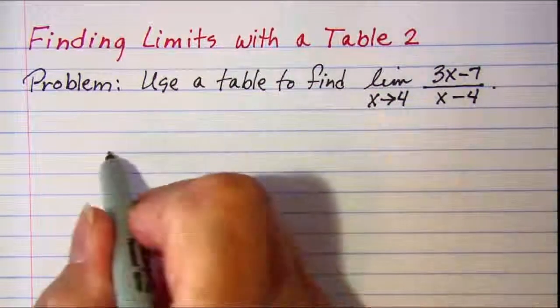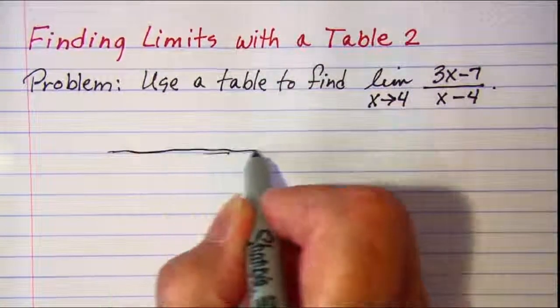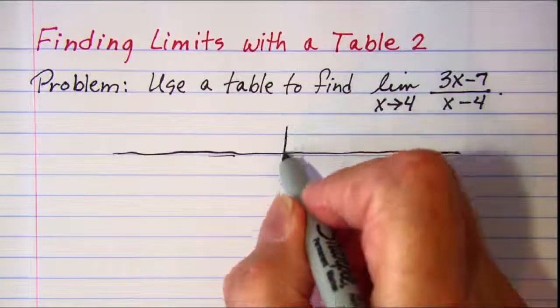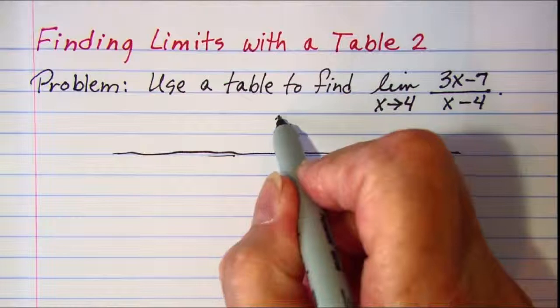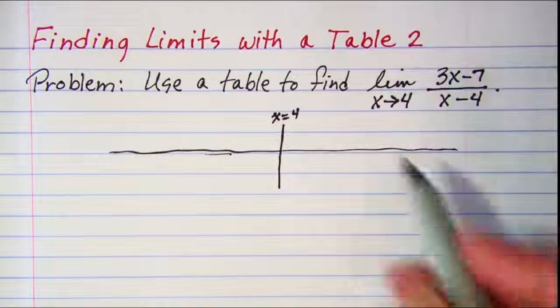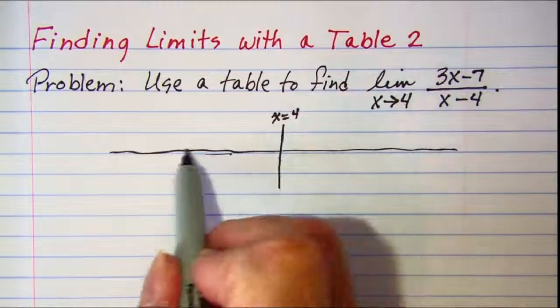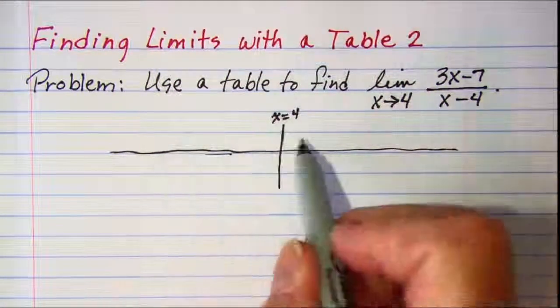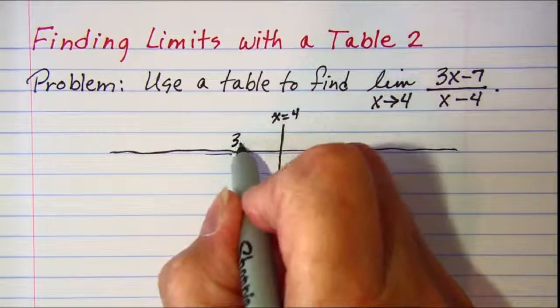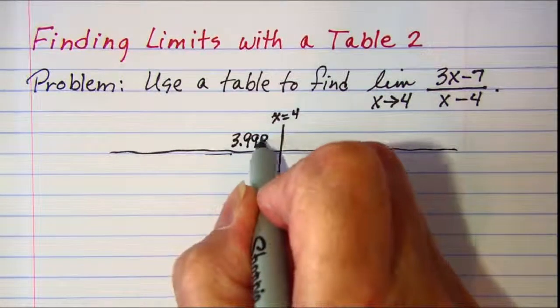So I'm going to draw a horizontal table. This line represents x equal 4. And then I want numbers smaller than 4 on the left side and larger than 4 on the right side. So I'll use 3.999.